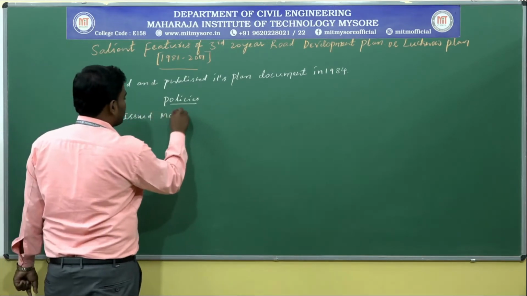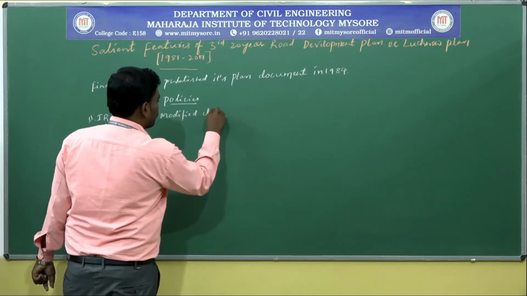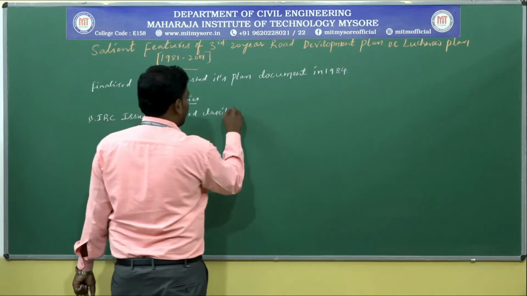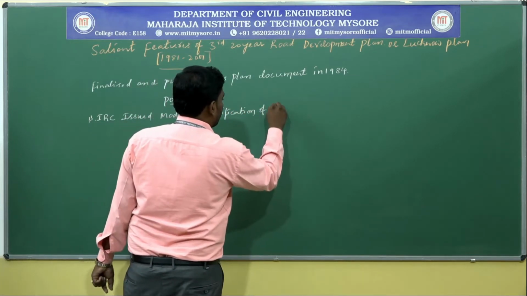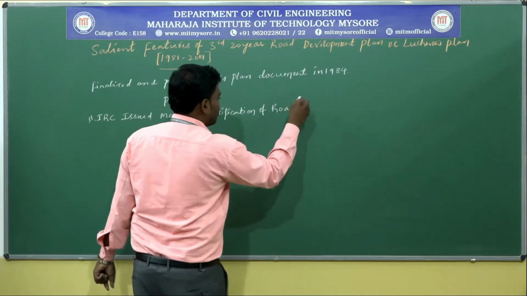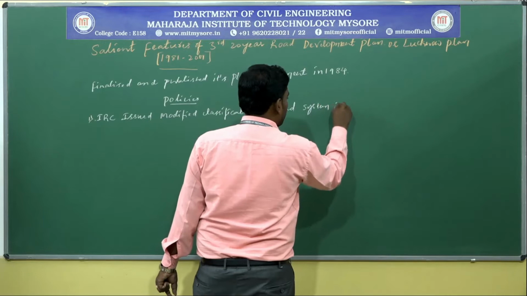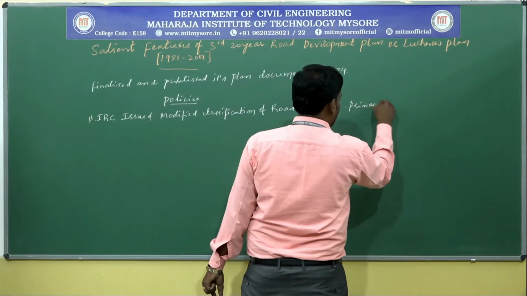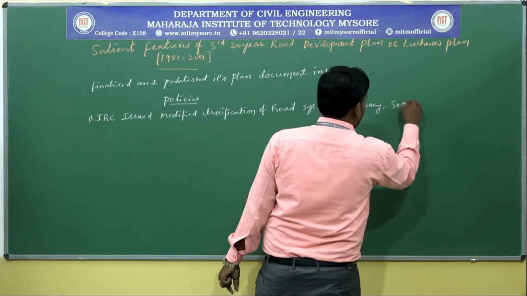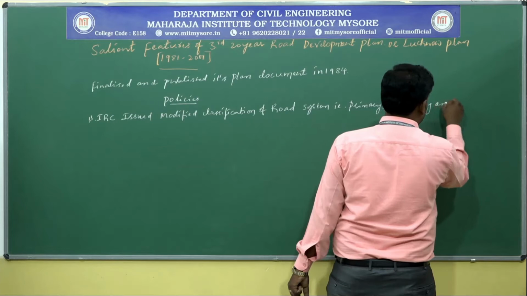Means the first one is that the IRC, the Indian Roads Congress, issued a modified classification of road system, that is primary, secondary and tertiary system.